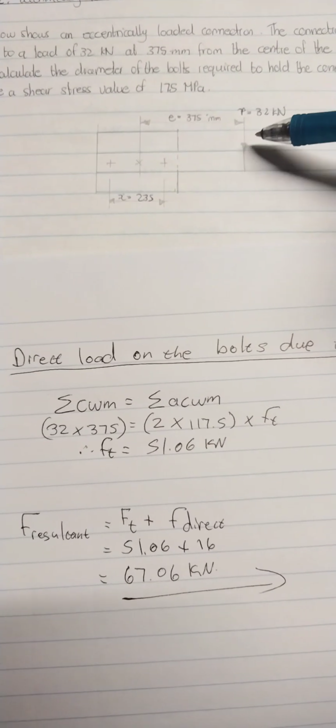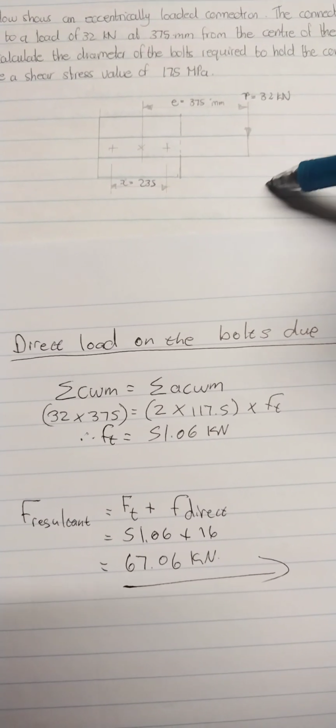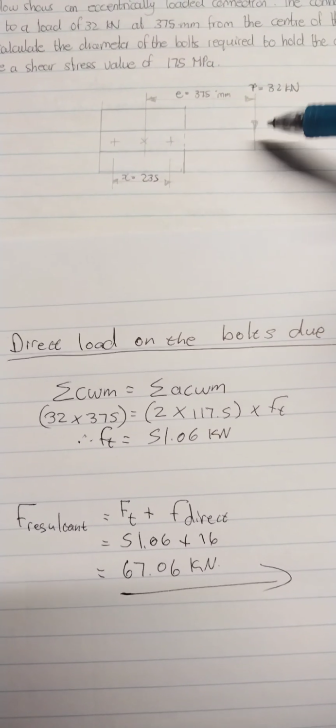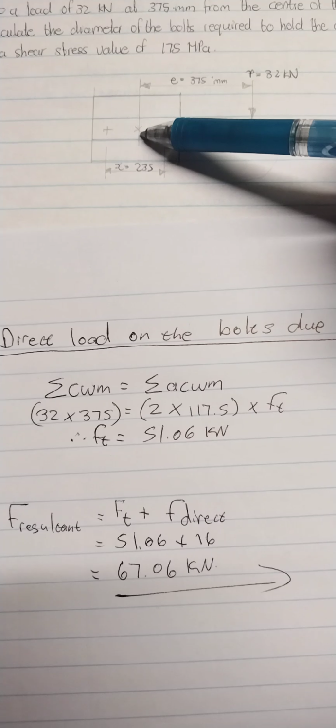So okay, here we got the 32, and it's going clockwise times the perpendicular distance of 375.